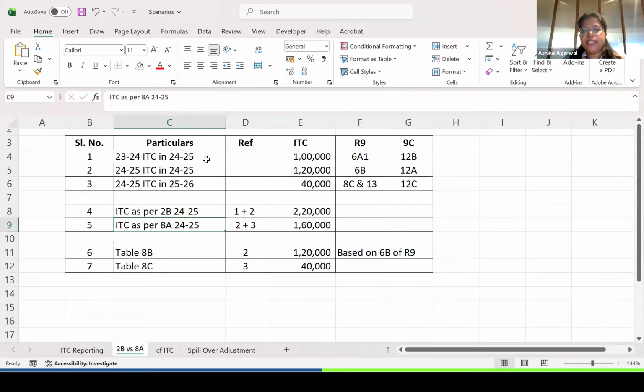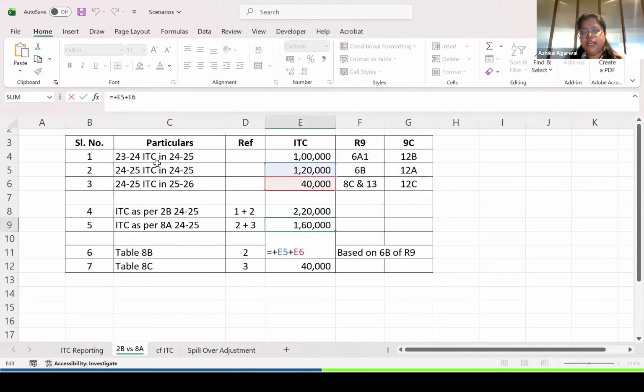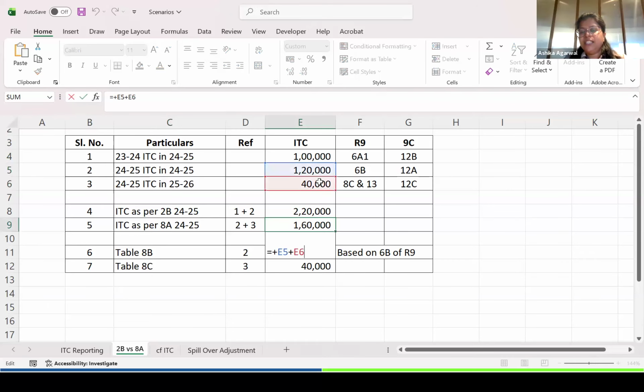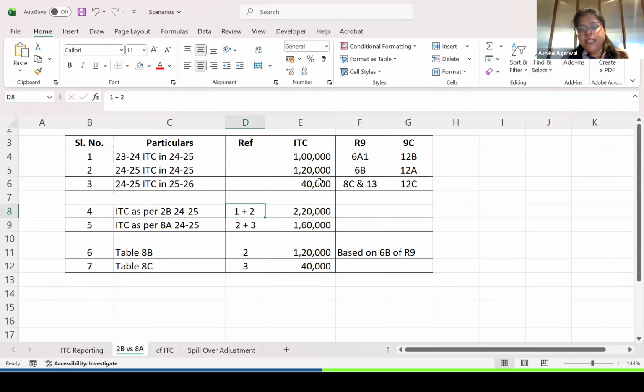But 8A will be based on 24-25 transactions, whichever year they come in, so it will take the total: 24-25 coming in 24-25, and 24-25 coming in 25-26. So it will take 160. There is a difference in how the data auto-populates, and that is the reason for the difference.